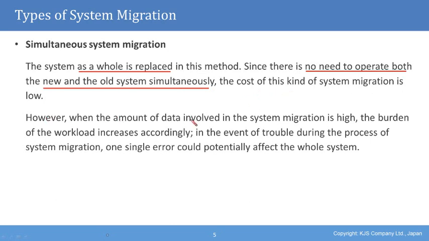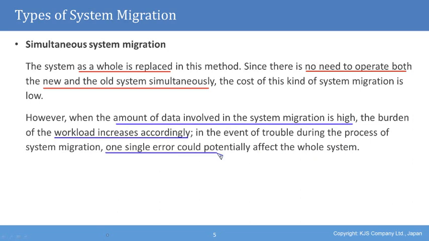However, when the amount of data involved in the system migration is high, the burden of the workload increases accordingly. So if you have a large amount of data, then the burden of the workload increases considerably. In the event of trouble during the process of system migration, one single error could potentially affect the entire system.